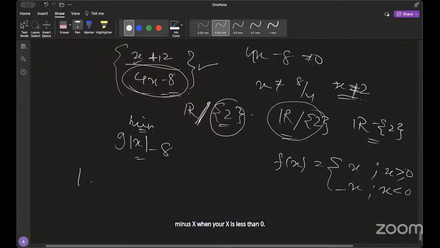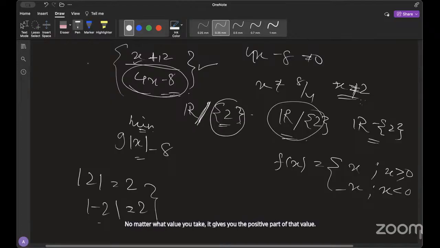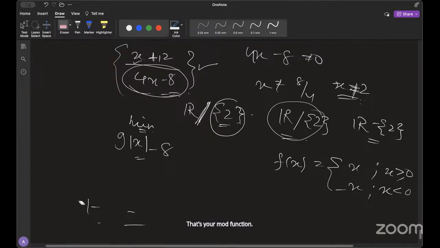So it simply means if you put a 2, you'll get a 2. If you put a minus 2, you'll get a 2. That's your mod function. No matter what value you take, it gives you the positive part of that value. That's your mod function. And this is how you define that function. Ma'am, please explain mod function. I don't understand, ma'am.